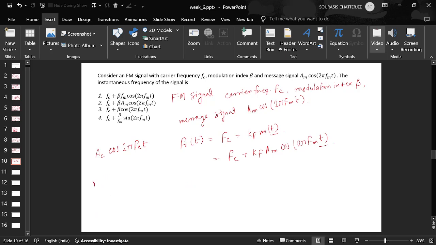So what is going to be the maximum frequency deviation?